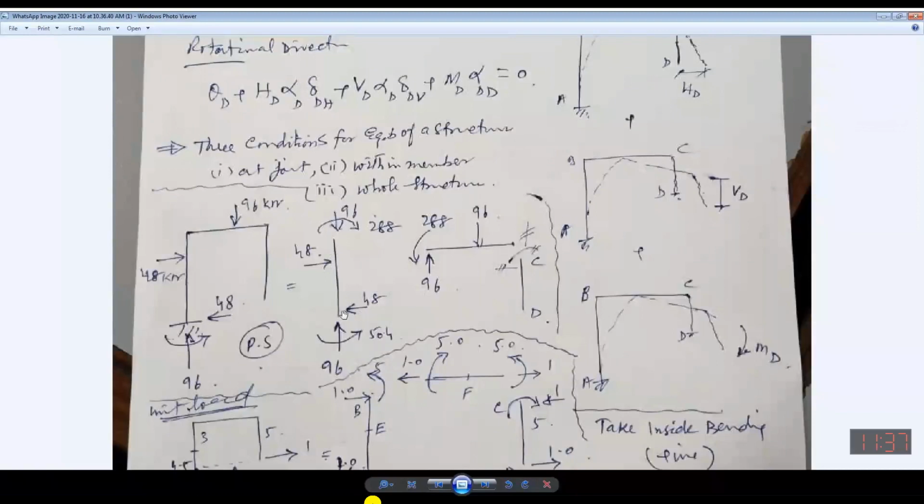So 48 into x minus, why minus? It is producing hog inside. It is trying to bring this limb inward. So there will be hogging inside, so it will be taken to be negative. So 48x minus 504. Is it okay? 48x minus 504. Okay, Siyar?